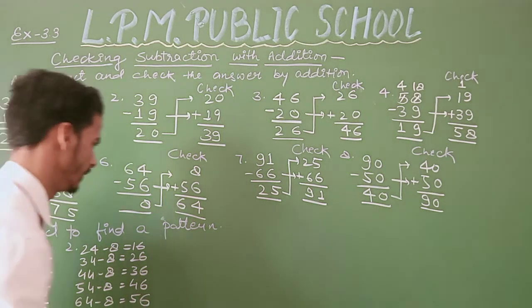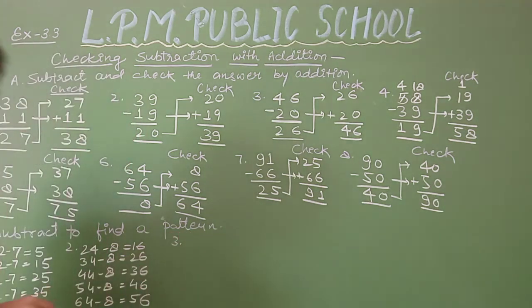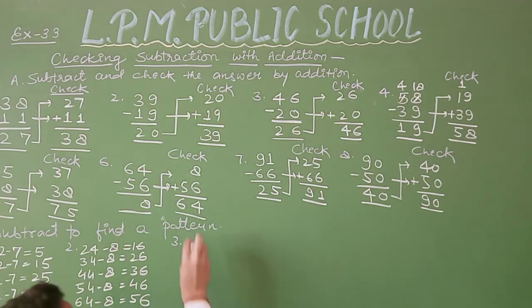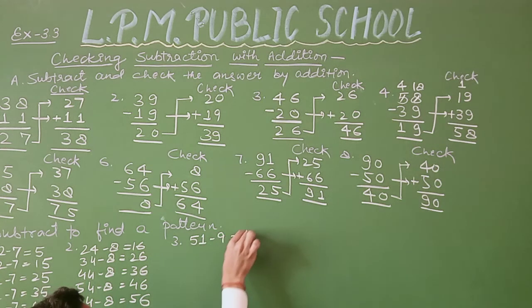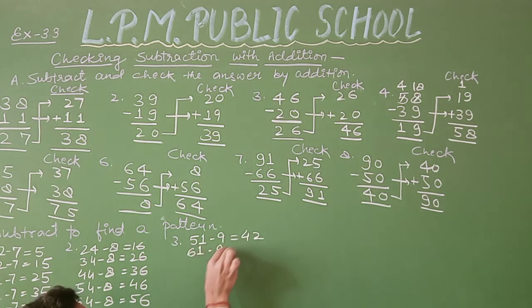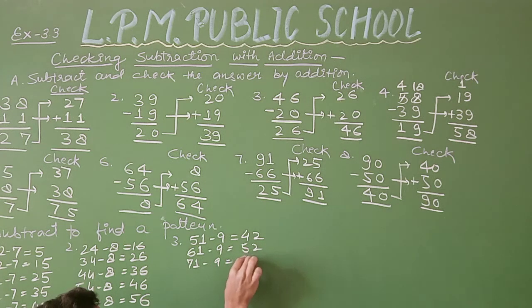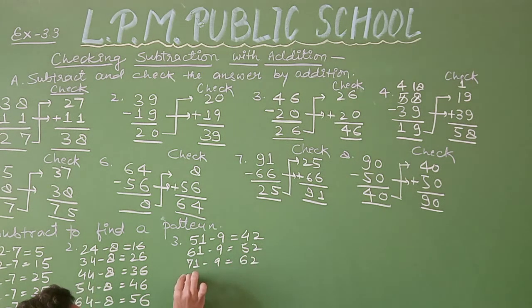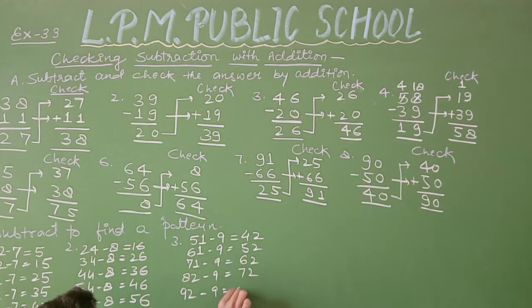And the third question is question number 3: 51 minus 9, 42. And 61 minus 9, 52. 71 minus 9, 62. 82 minus 9, 72. And 92 minus 9, that is 82.